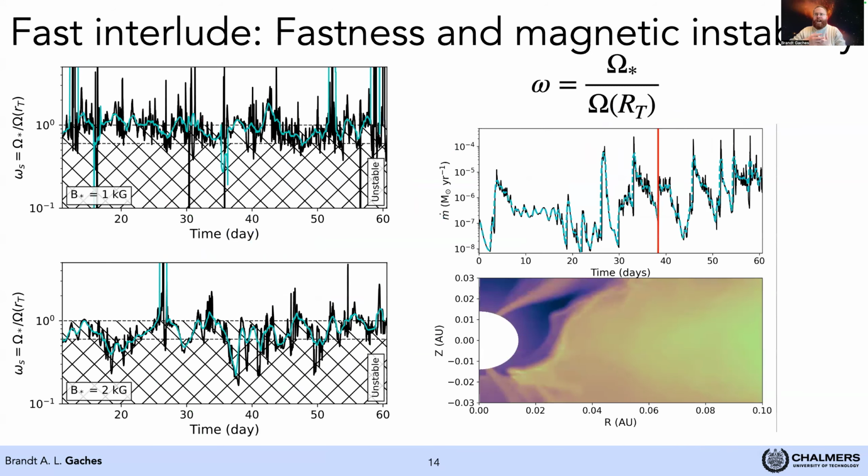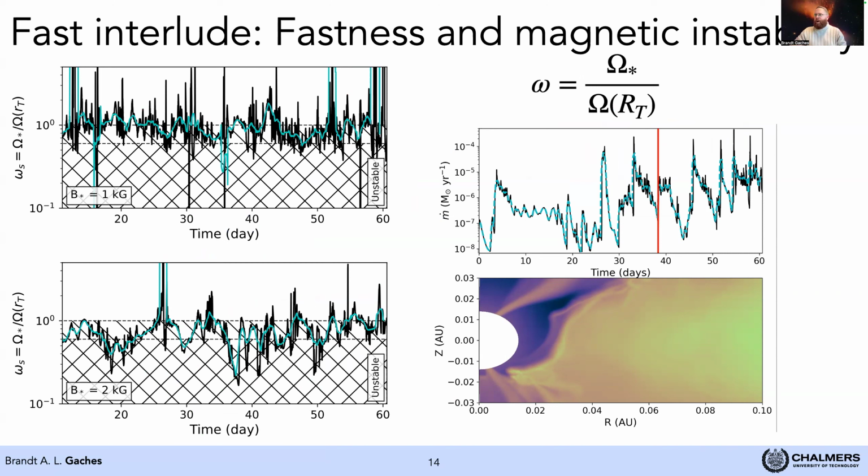And we can look a bit more at why we might think this is at least related to, or somewhat like, an interchange-like instability. So here I'm going to introduce the fastness parameter.